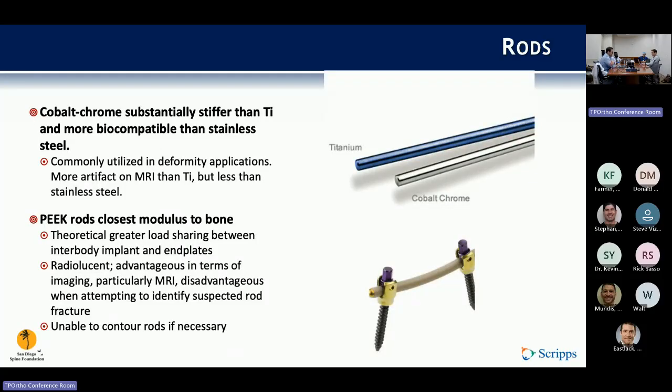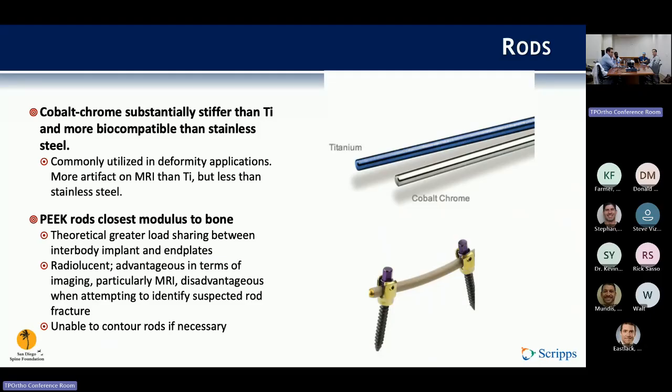Going a little bit more into some material properties of the rods, titanium is the most frequently used rod material because it's close to cortical bone's modulus and otherwise biomechanically favorable, as we saw earlier in the graphs. It's more flexible than cobalt chrome, which reduces the stress shielding, again the difference of modulus in vivo, and produces less image artifact, which I didn't know until doing some research on this.